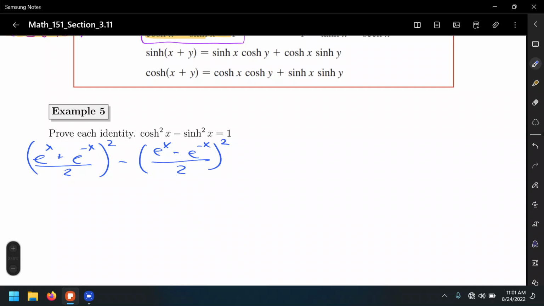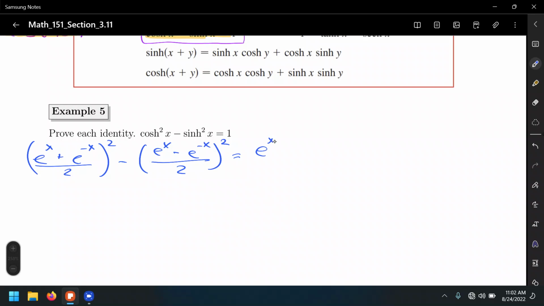All right, so let's see. Let's start simplifying this madness here. I know it looks a little bit complicated, but trust me, this will simplify really nicely. Instead of splitting the fraction into the x over 2 and the negative x over 2, which I think is going to make things a lot more complicated, I'm going to use the quotient rule for powers.